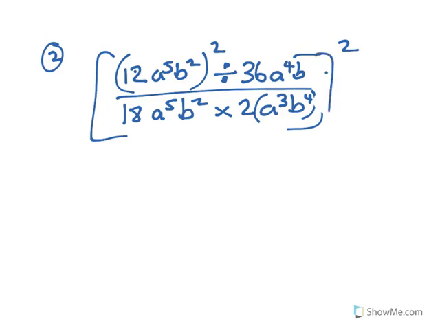Okay, and maybe write this down in your book. Just pause the video and see how you go doing it. Okay, and when you're ready, then I'll go through it.